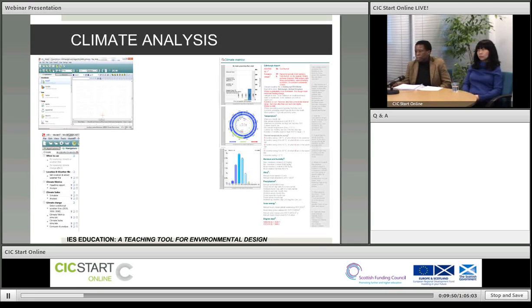Now, unfortunately, we don't have this in large scale, but what it does is to show you what times, if you're building in that location, you're likely to need more cooling, what times you're likely to need more heating, and also how the building in that location can be compared to buildings in other locations. So you find out what the characteristics are.